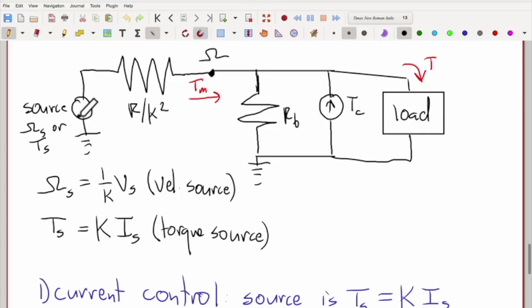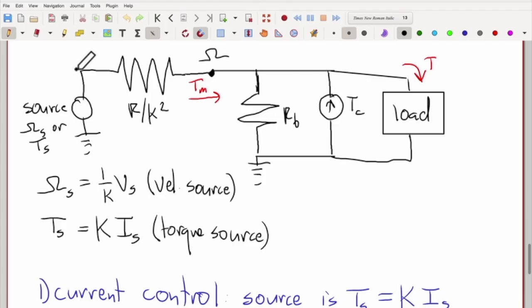Another way you can think about this is this ideal torque source is varying the RPMs as necessary to mitigate the effect of this RPM drop across this resistor. Or in electrical terms, it's keeping the voltage such that the current going through this resistor remains constant regardless of the voltage that needs to be put here.